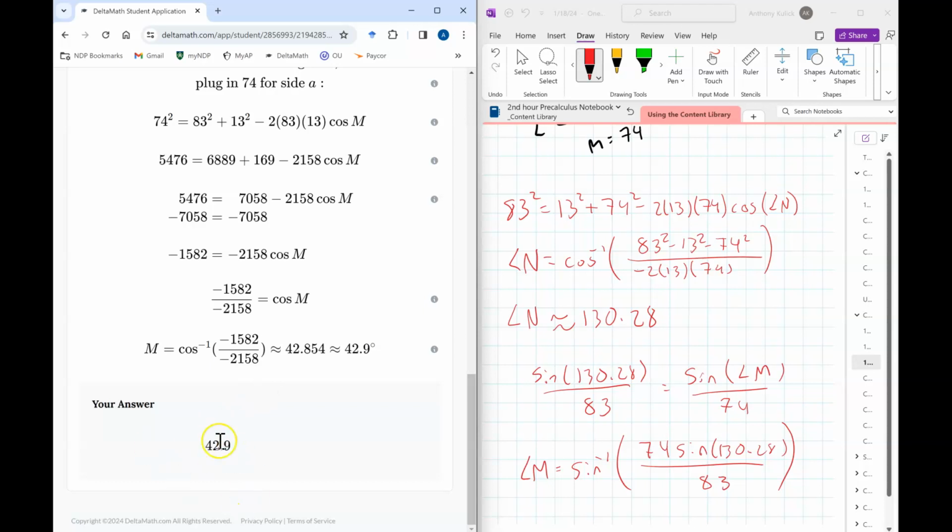So anyways, that should work if you go in that order.